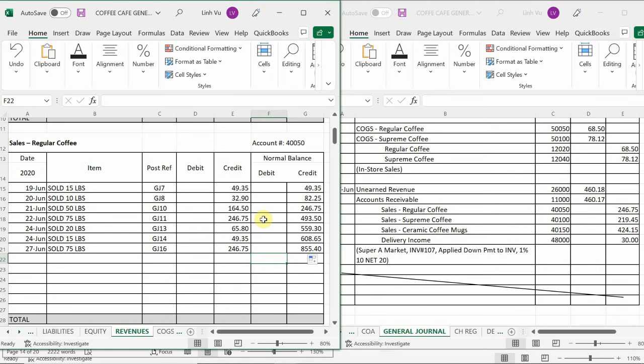That's what I'm looking at because the regular coffee was 270, 246.75.